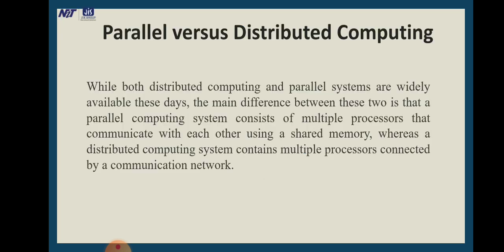While both distributed and parallel systems are widely available these days, the main difference between these two is that a parallel computing system consists of multiple processors that communicate with each other using a shared memory, whereas a distributed computing system contains multiple processors connected by a communication network.